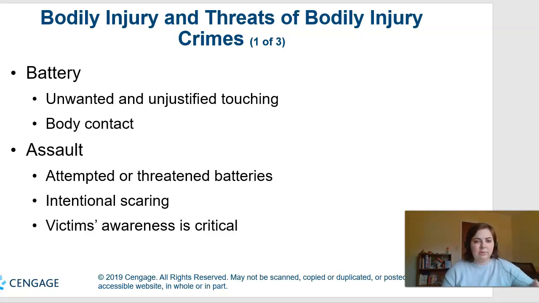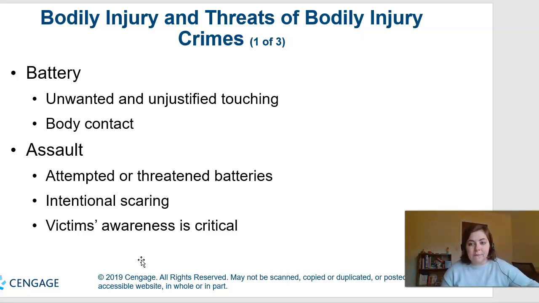Now, we're going to compare that with an assault. So an assault is an attempted or threatened battery. The actus reus here is a substantial step towards completing a battery, or voluntary acts that frighten the victim. The mens rea is the intent to commit a battery or the intent to frighten. So these have a specific intent here. You need to intend to commit the battery, purposeful.